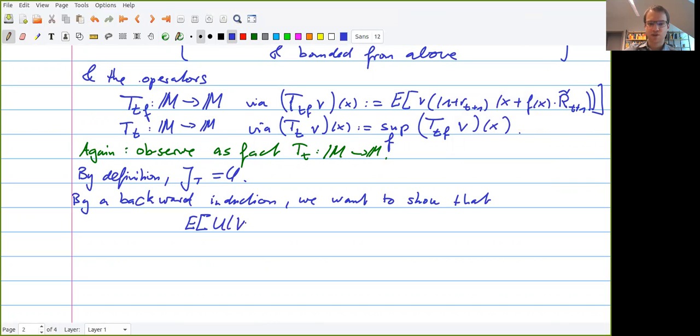So first, the expected utility of the terminal value of J star.